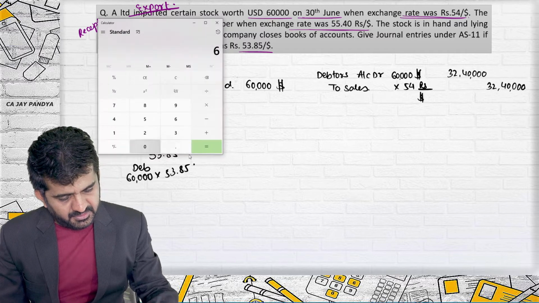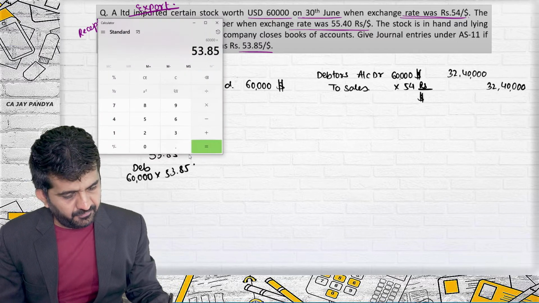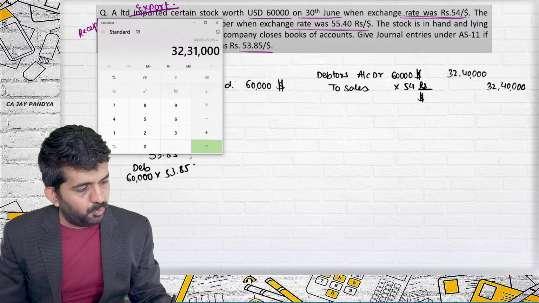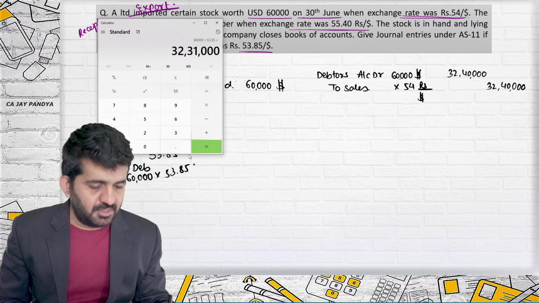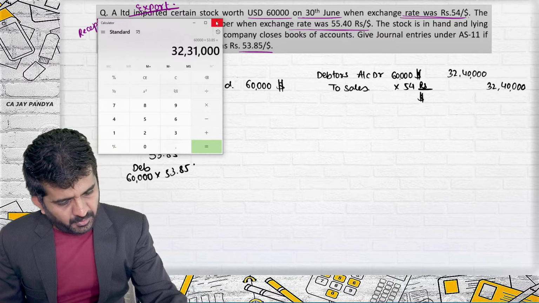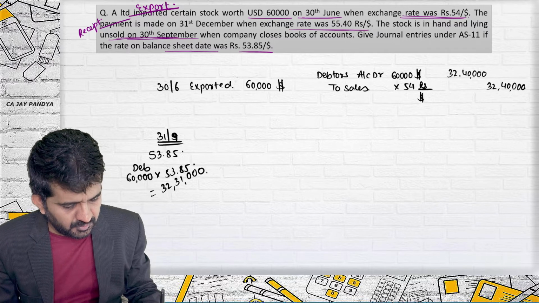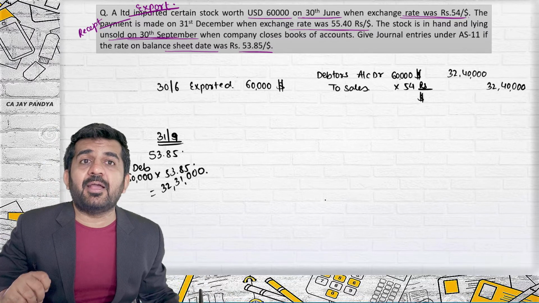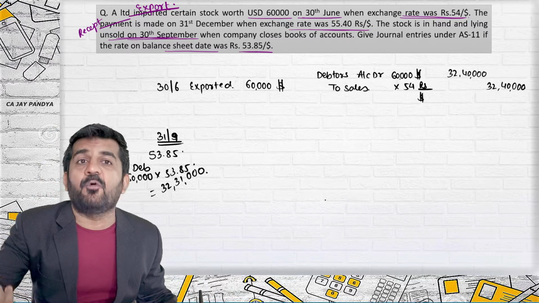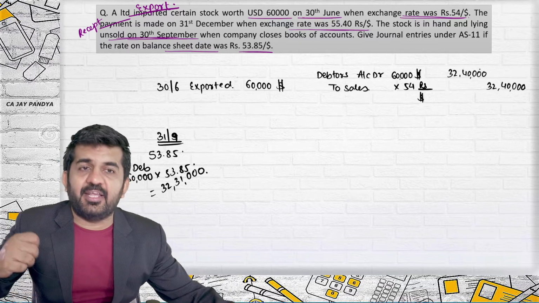It is 32,31,000. But it is already recorded at 32,40,000. Is it all right? So 9,000 already recorded is more.